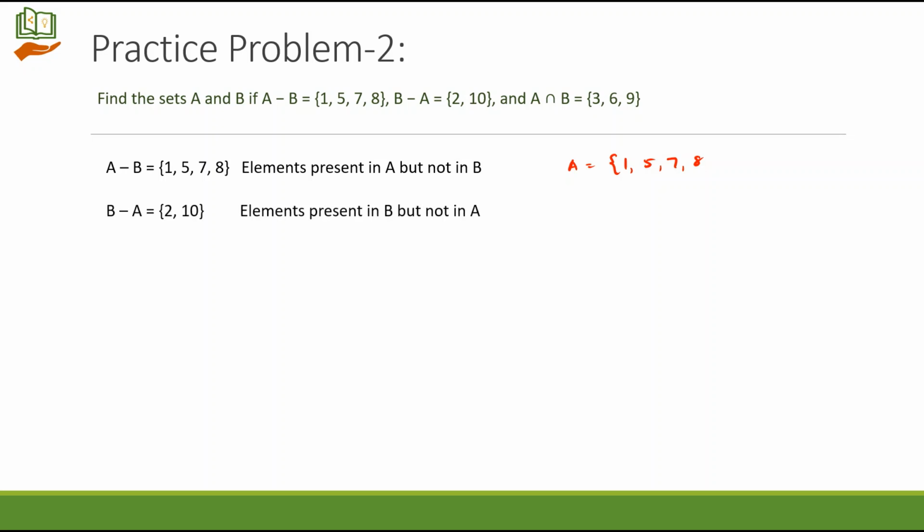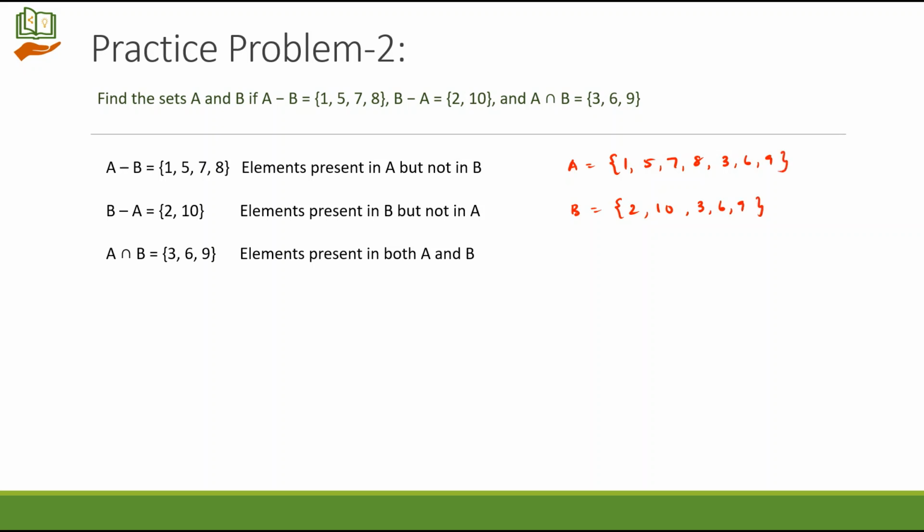What about B minus A? Elements are present in B but not in A. So definitely B has 2, 10 and they are not present in A. What about A intersection B? These elements are present in both A and B. It means A will have 3, 6, 9 and B will have 3, 6, 9.